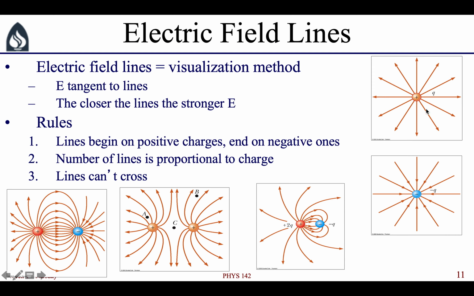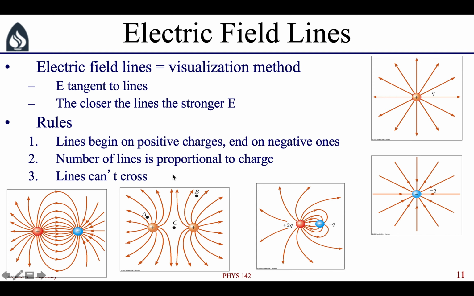On the other hand, near a positive charge, a positive test charge would be pushed away from the positive charge. That's the direction of the electric field, so that needs to be the direction of the electric field lines. On this diagram, any test charge placed in this area would be pushed away from the positive charge, pulled towards the negative charge, and so that is the direction of the electric field lines. And that means that they end up beginning on positive and ending on negative charges.